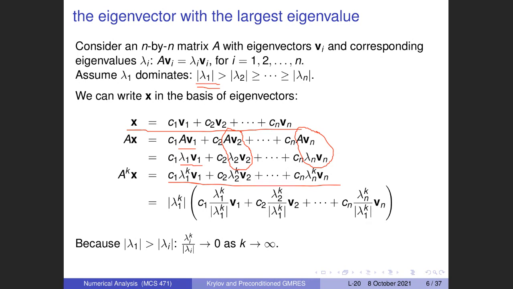Now, if you factor this out, you can see that lambda 1 to the power k over itself just becomes 1. But suppose that lambda 1 is twice as large as lambda 2, then the kth power will just make that number go away. After 10 powers, you're already seeing that the contribution of the second eigenvector in that product is very, very diminished.